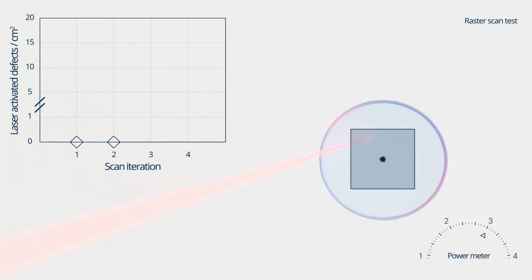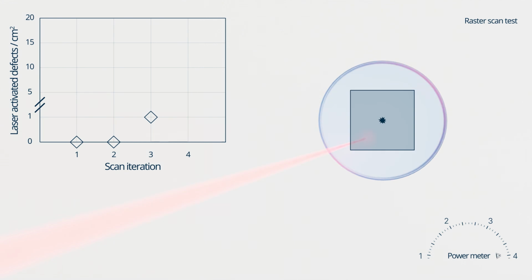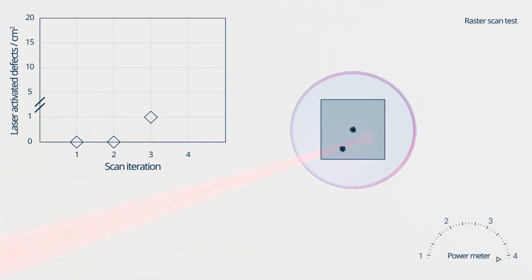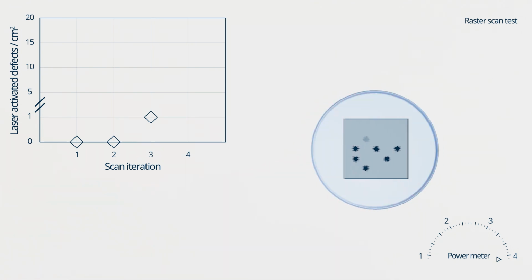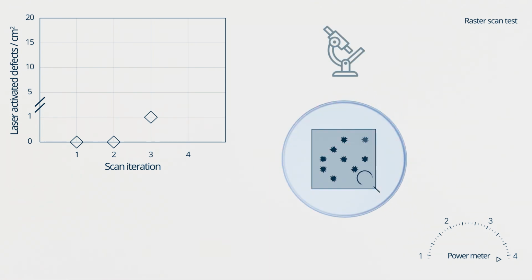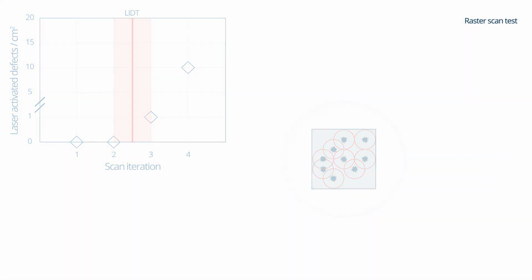In between every scan, a microscopic analysis of the surface is performed to determine the damage density as a function of irradiation level. The process is stopped when the maximum irradiation level of the system is reached or defect-driven damage becomes catastrophic. Now, the laser-induced damage threshold is estimated as the average of irradiation levels corresponding to the lowest observed damage and the first undamaged level below.